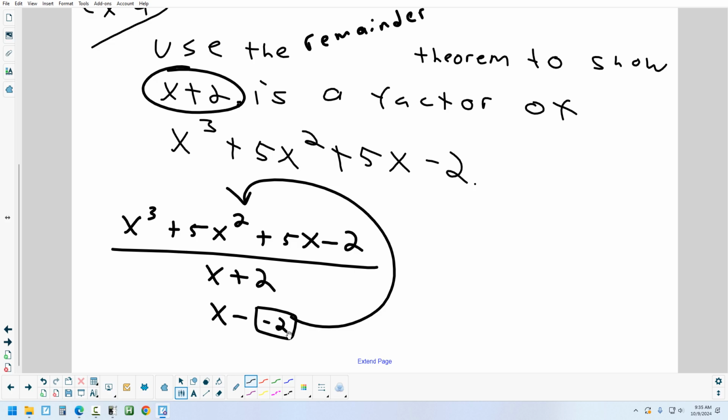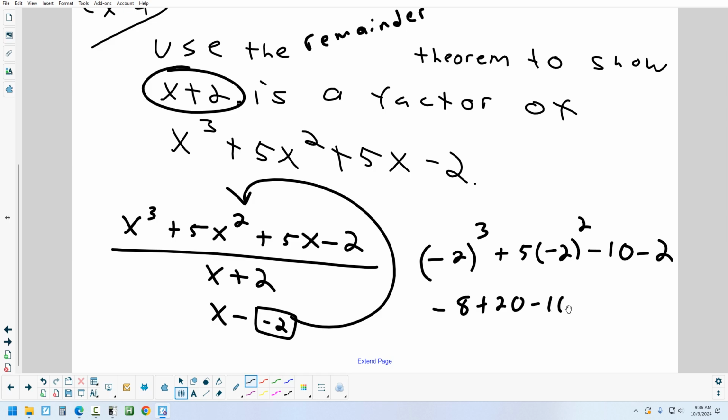If you get a remainder of 0, that means it's a factor. Okay. So let's try plugging in -2. So -2 cubed, 5 times -2 squared. I'm just going to do this part out. 5 times -2 is -10 minus 2. What's -2 to the third power? -8. What's -2 squared? 4. 4 times 5 gives me 20.